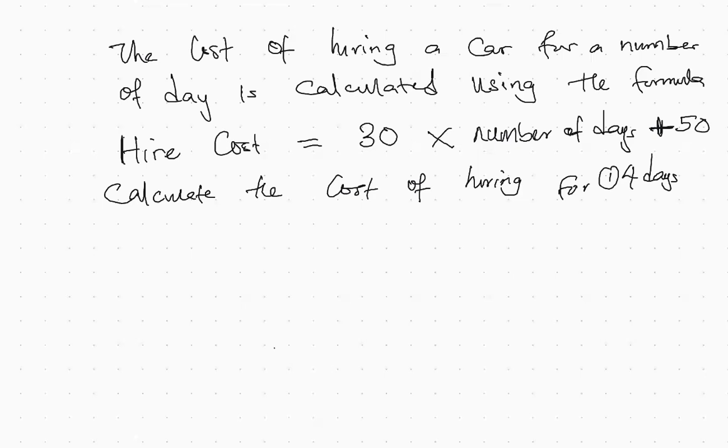You see, the cost of hiring a car for a number of days is calculated by using this formula. The hire cost equals 30 times number of days plus 50.